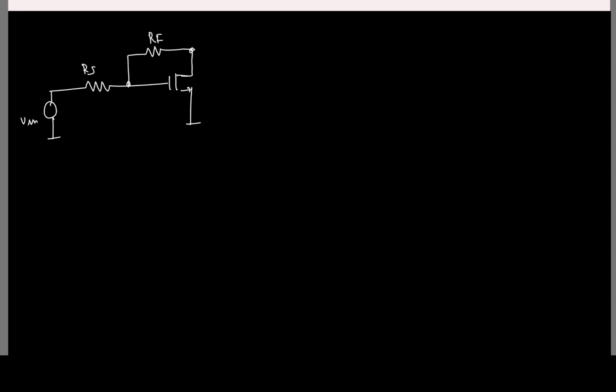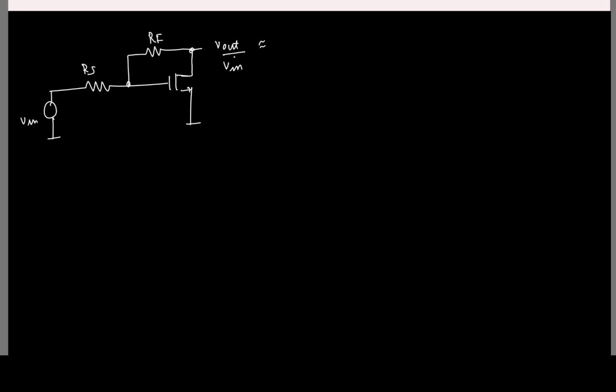If this is V in and this is V out, what do you think the approximate gain, V out by V in, will be? Any guesses? Take some guess, right?